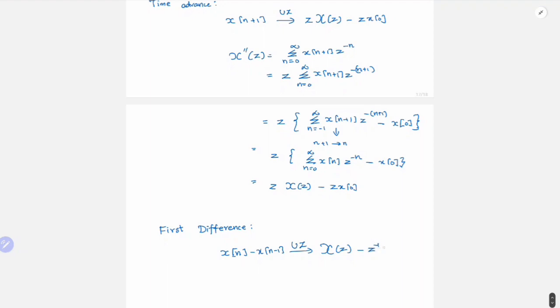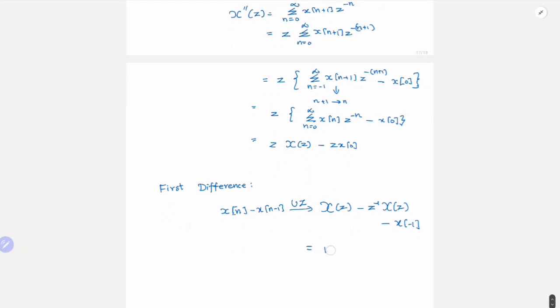So minus z inverse x of z minus x of minus 1. This is going to be equal to 1 minus z inverse times x of z, minus x of minus 1.